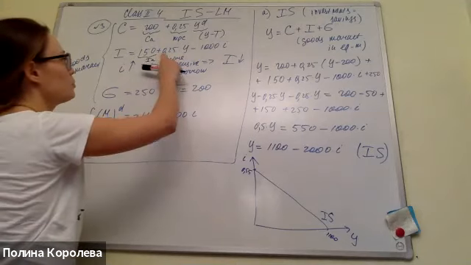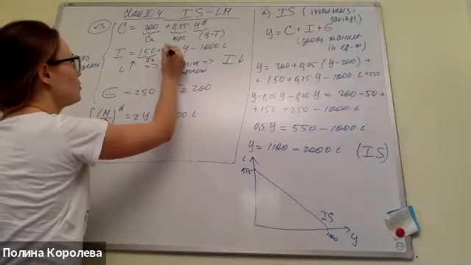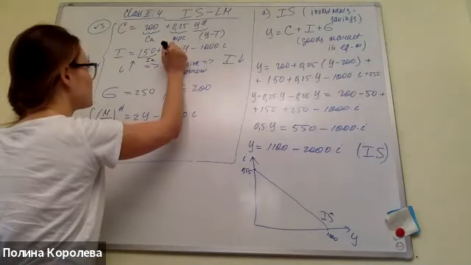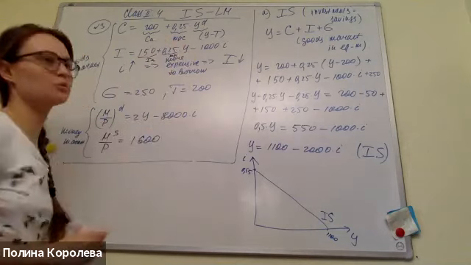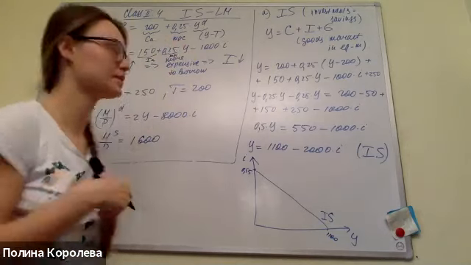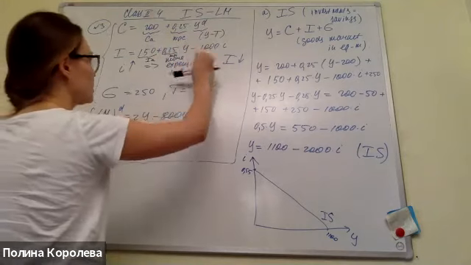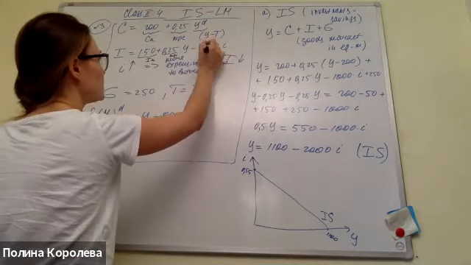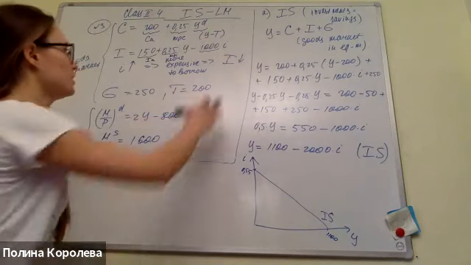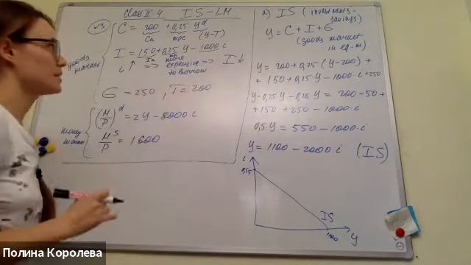Then 0.25 is the marginal propensity to invest; we discussed it when we were talking about the paradox of thrift in the Keynesian cross class. Here GDP, and this 1000 is the connection between interest rate and investments.